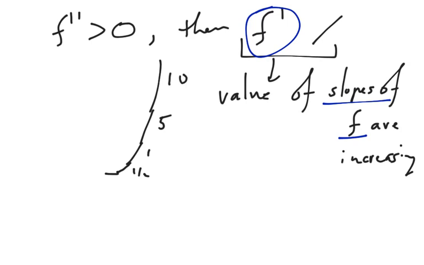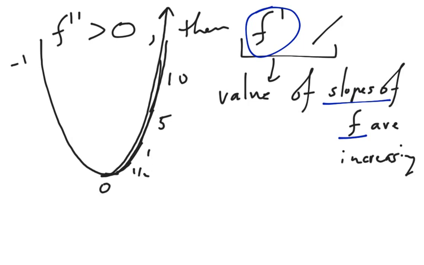And you see that in order for the slopes to be increasing, the function f has to be curving upwards in this shape. Similarly, if this is 0, the function will continue to curve upwards like this, because this slope would be negative 10 and negative 5 and negative 1 and negative a half, etc. And notice that even though these slopes are negative, they're getting closer to 0.